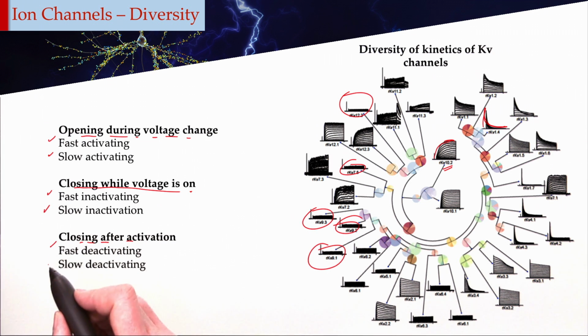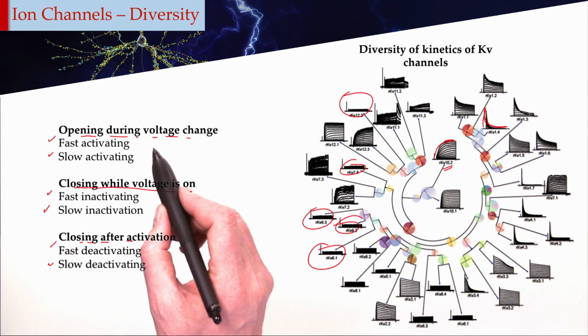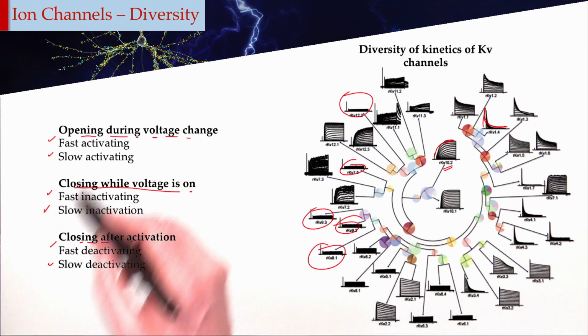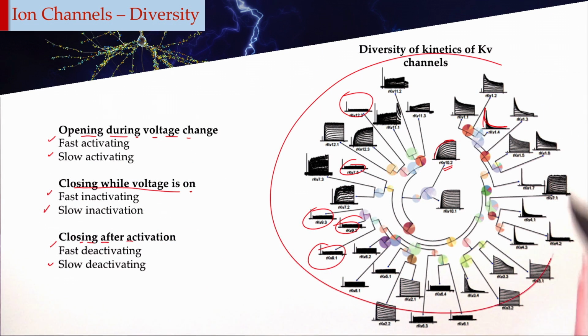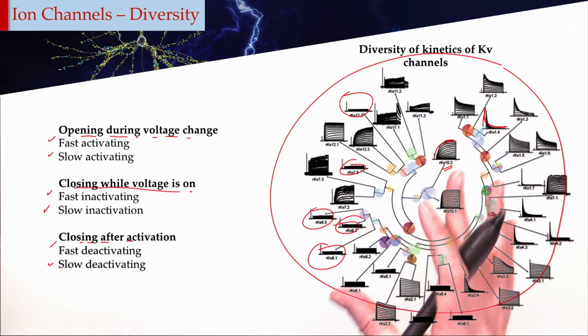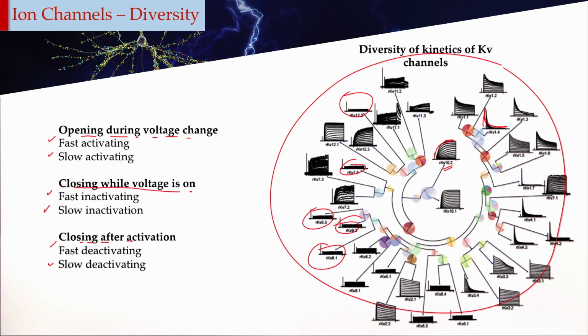Fast deactivating, slow deactivating. So you can see now that the combinatorics of combining this can give you a very rich diversity of ion channel kinetics. This rich diversity of kinetics is very powerful because if you combine them in different ways, you can produce neurons with many different electrical behaviors and properties.